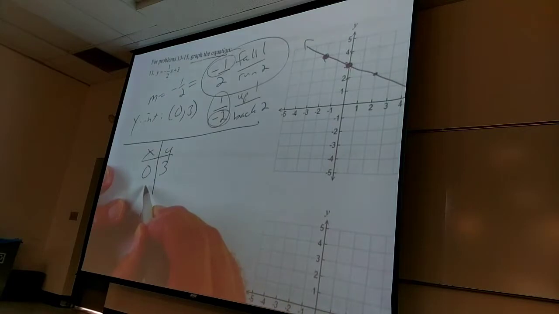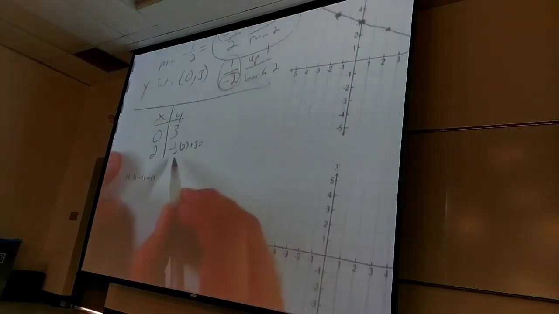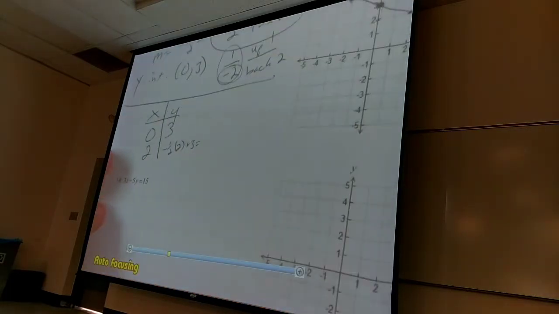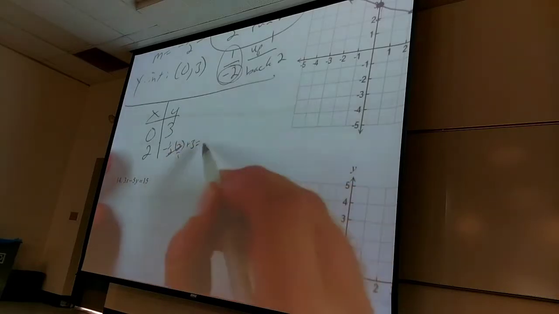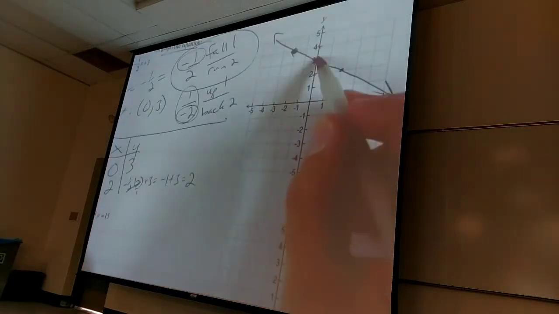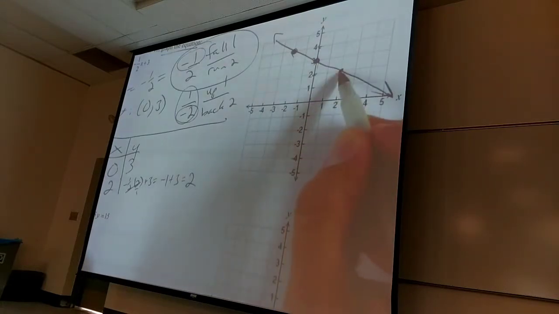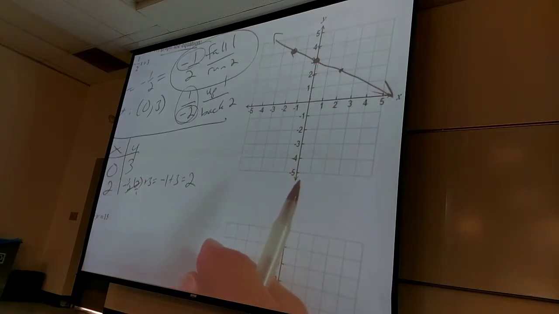Now what's a smart thing to put in here? 2. And what's negative 1/2 times 2? What do the 2's do? They cancel. It's negative 1. Negative 1 plus 3 is 2. So I'd plot (0, 3) and I would plot (2, 2), and I get the same thing we just got. Of course I would. The method I use should not change the answer I get.